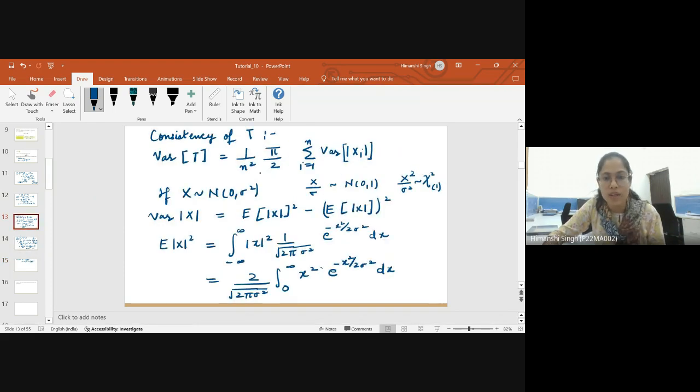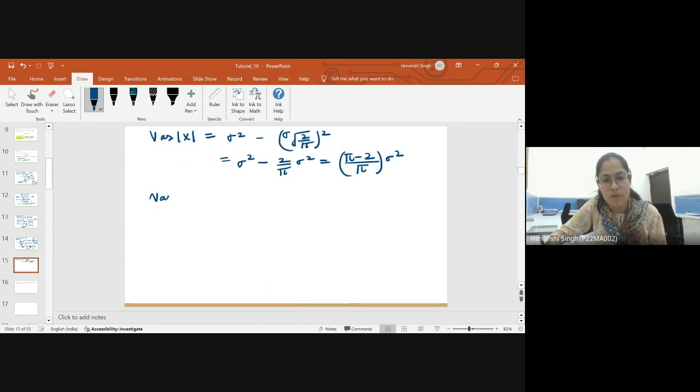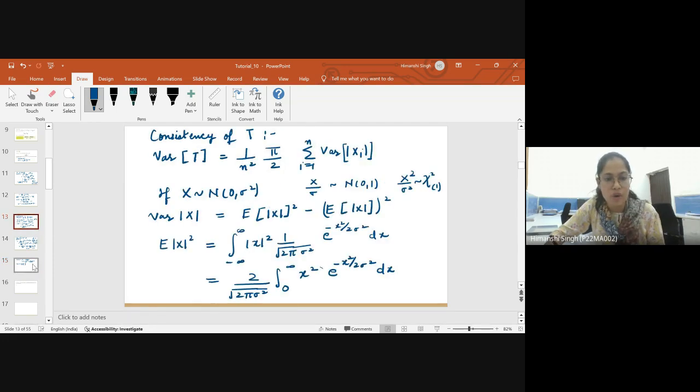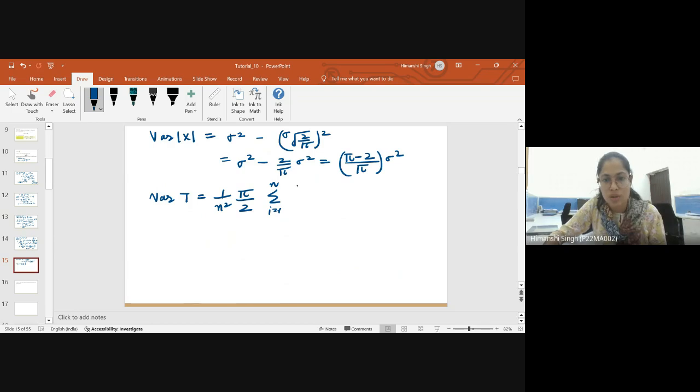Now we will be going towards this thing. So variance of t is equal to 1 upon n square pi by 2, summing i going from 1 to n, and here we have variance of mod xi, so we will put this value: pi minus 2 upon pi into sigma square.